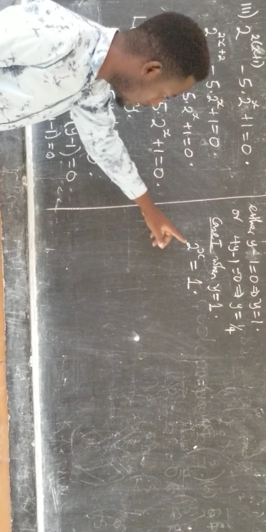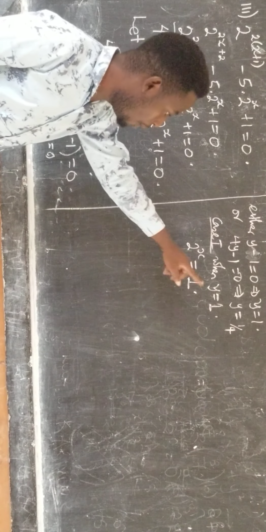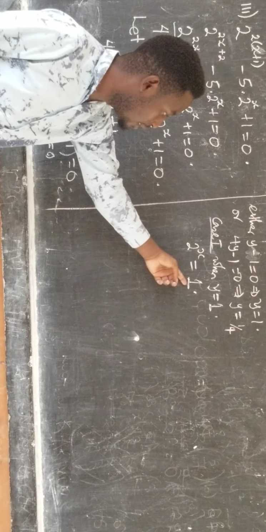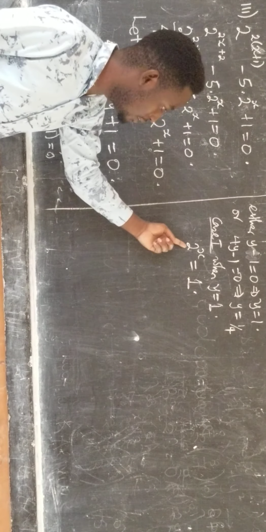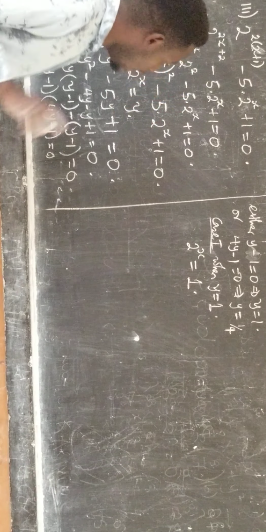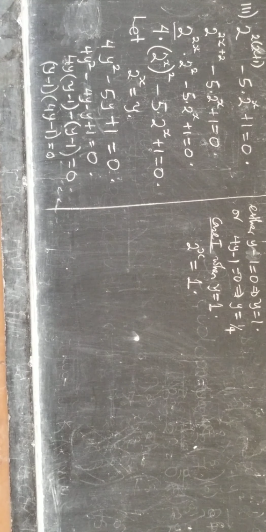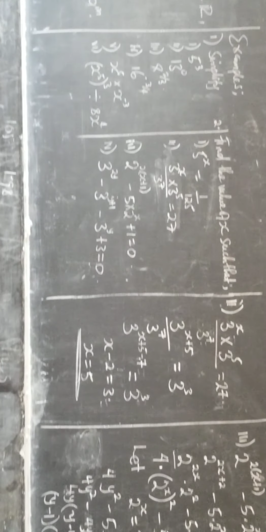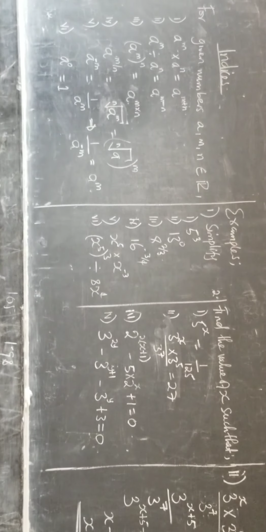Remember what we said. If you want to solve where the power is the one needed, you have to make sure that the bases are the same. But now how do I make this to have the same base as this? The base is 2. I have to apply the zero law, whereby to get 1, I just need to raise any number to the power 0.